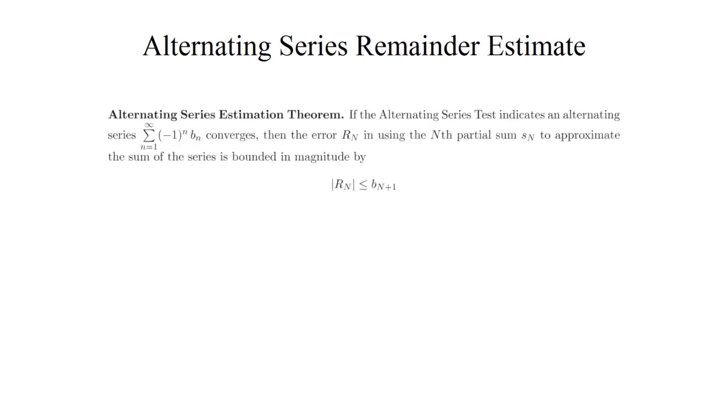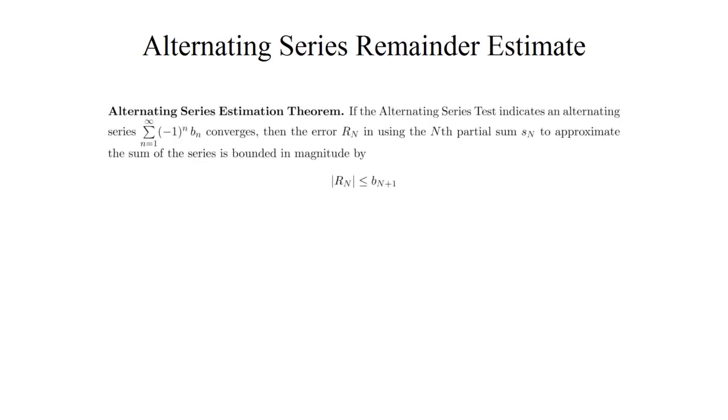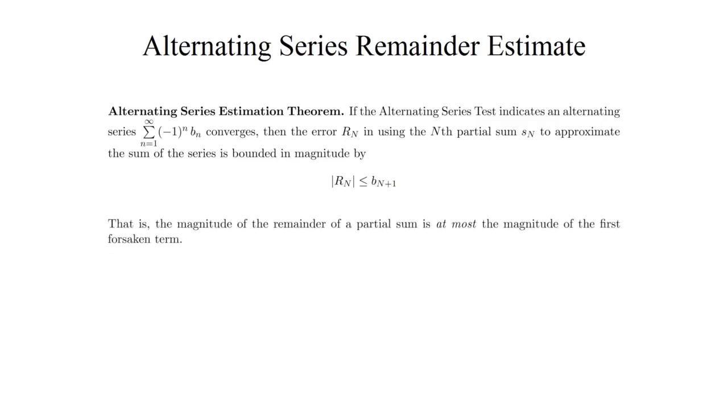If the alternating series test indicates a given alternating series, the sum of (-1)^n b sub n, converges, then the error, or remainder, R sub n, in using the nth partial sum to approximate the total sum of the series, is bounded in magnitude by b sub n plus 1. That is, the magnitude of the remainder is at most the magnitude of the first forsaken term, the first term that you're not adding because you're stopping the partial sum at the nth term.